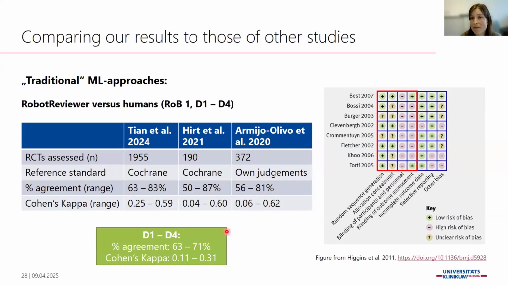So we can maybe say that the robot reviewer produces better results than our testing, still not good enough to be used as a standalone tool. And most important, it only produces judgments using the old risk of bias tool, which may be not that helpful.